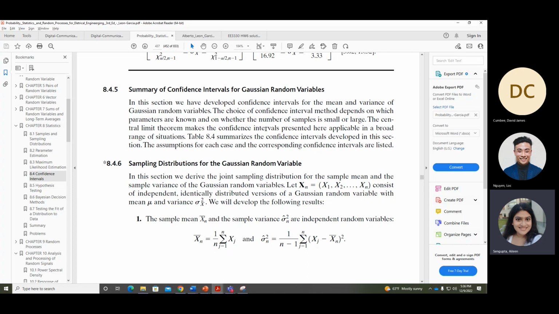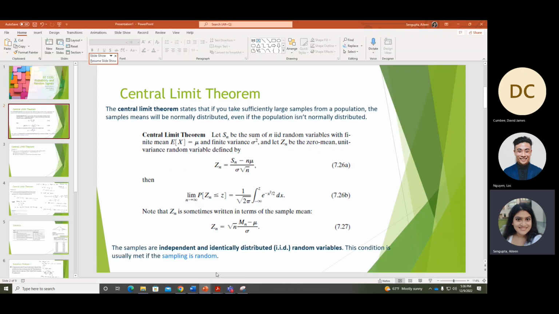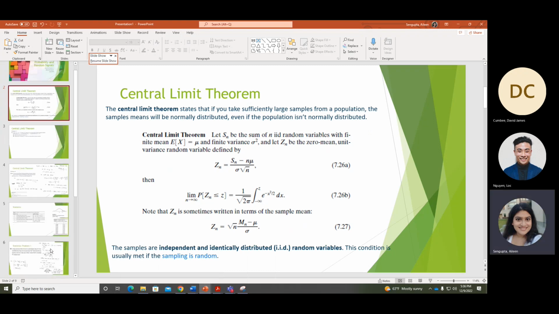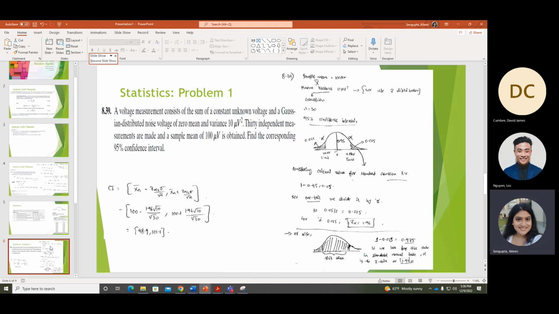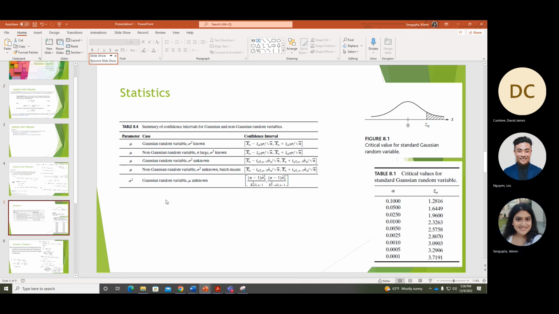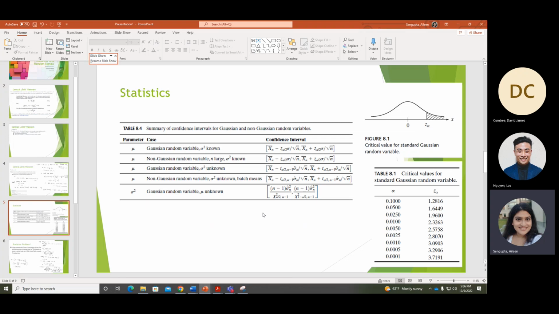The basic question that comes up to me all the time is, how do we know which intervals to use, and how do we even know what to do? In that case, what we have come up with is a table. This table is also from your book, and this table will be there in the exam.